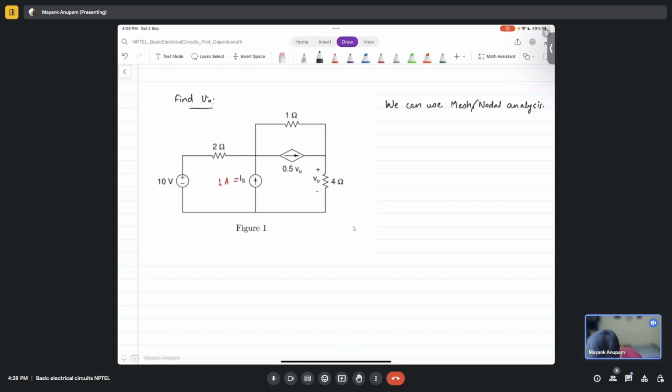We can also use brute force, KCL and KVL equations everywhere, right? That also we can do. But this time I want to solve it using the superposition theorem. So tell me, what should I do?